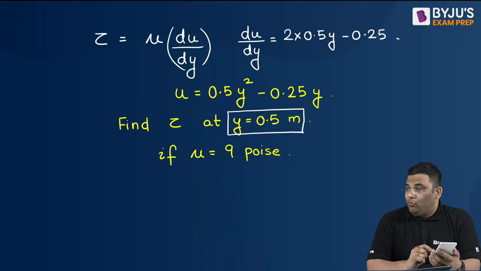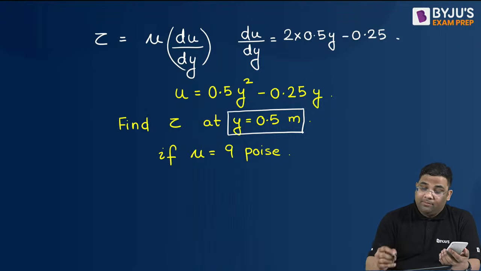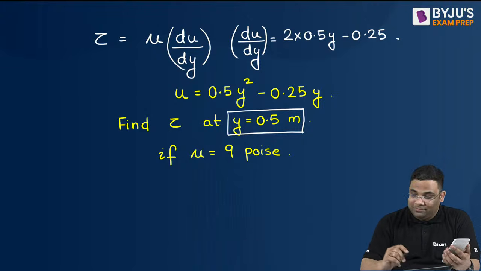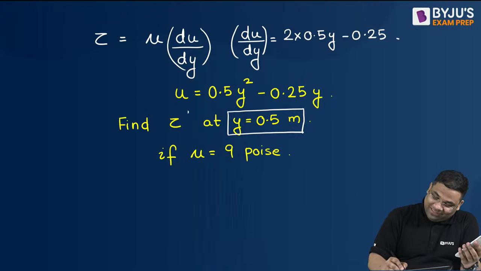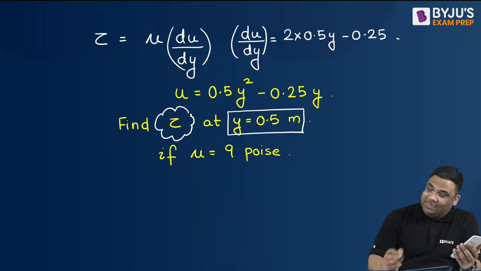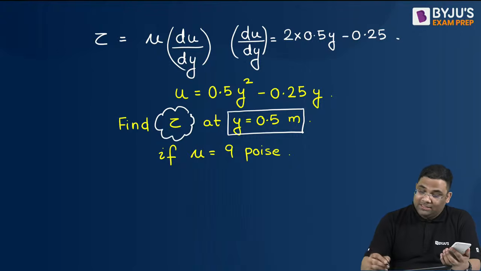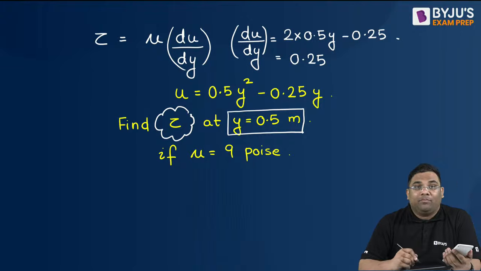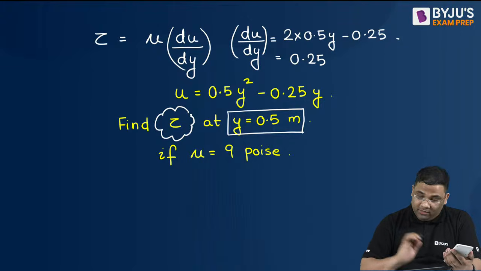You're getting 0.25, right? Okay. Please give me du by dy. I'm asking du by dy, not the shear stress. I'll ask that in the end. So how much are you getting for du by dy? Yes, you're getting du by dy as 0.25. Okay, very good.